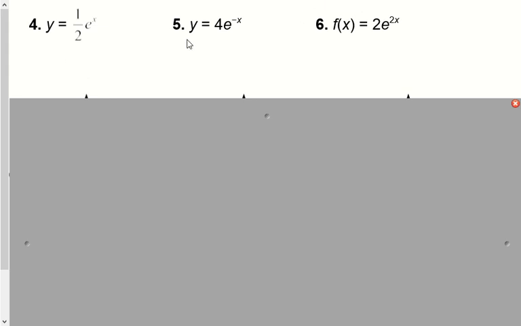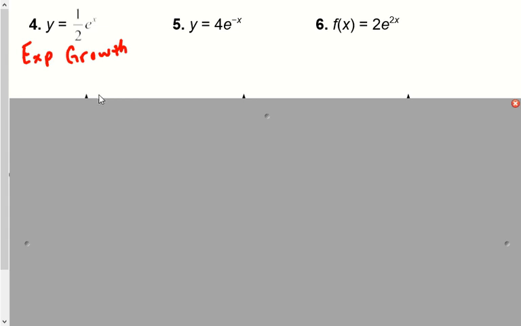All right, so looking at a few more, right here we've got y equals 1/2 e to the x. So our x is positive, which is going to leave us an exponential growth.